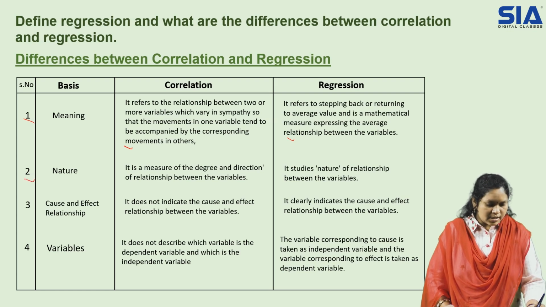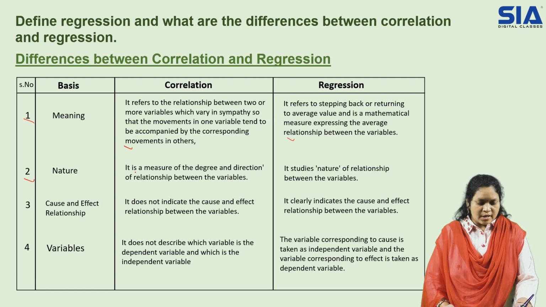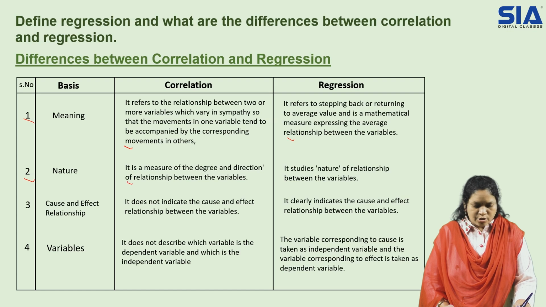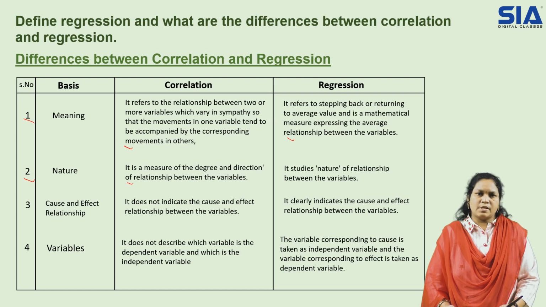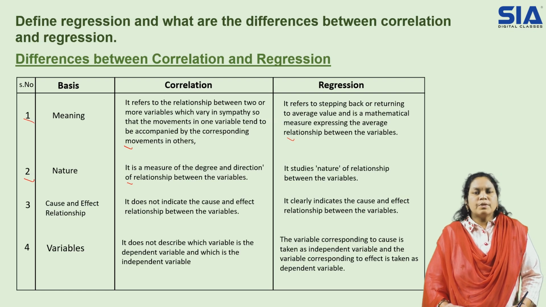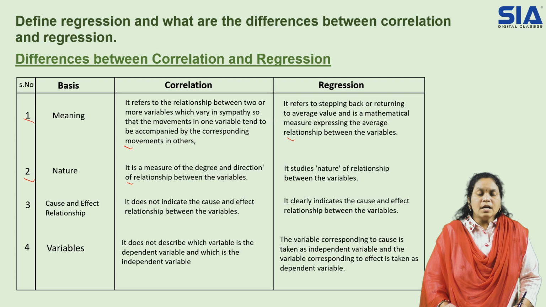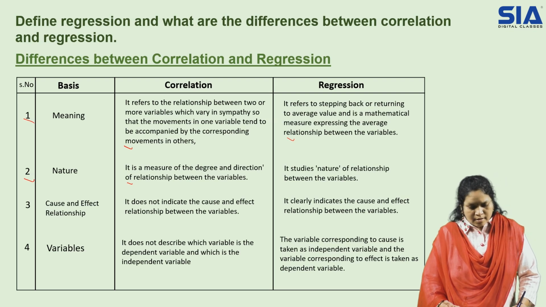Next, second one is nature. Nature in the sense how it works. So the point here is that correlation is a measure of the degree and the direction of relationship between the variables. Just now we discussed, right? Positive correlation, negative correlation, how it differs, how the direction goes on, we'll be learning under correlation. Now the nature of regression, let us check it out.